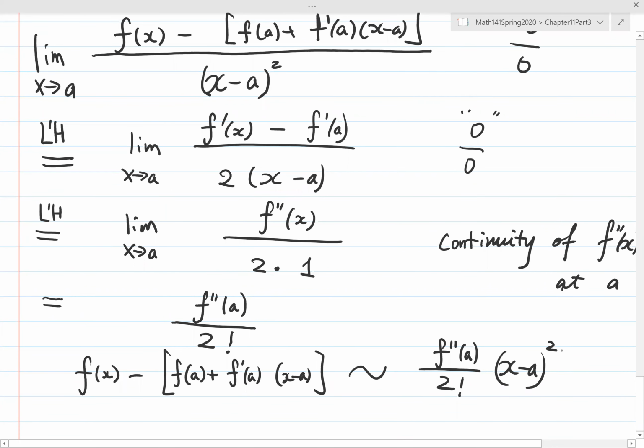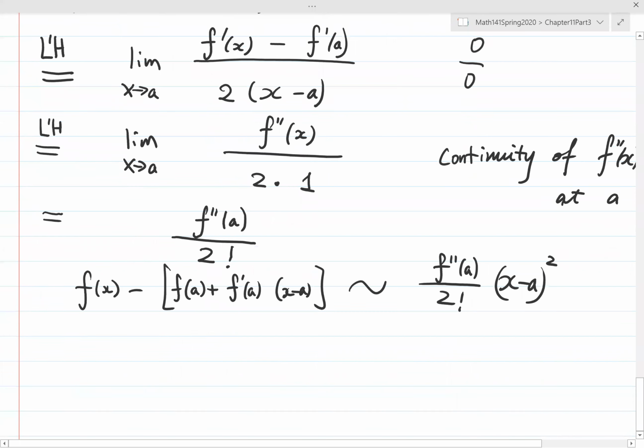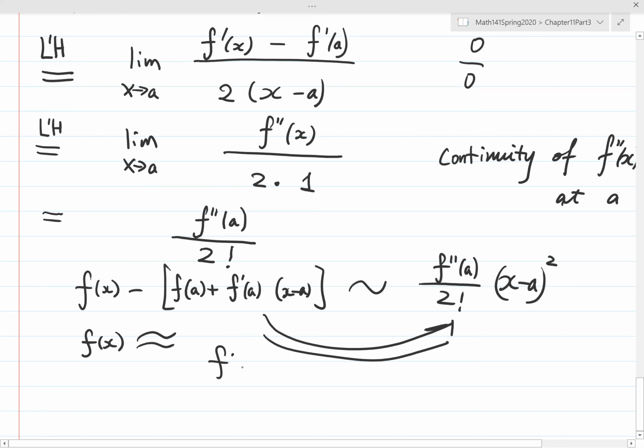If you move terms, you see, you move the linear approximation to the other side, then you get f(x) is around f(a) plus f'(a) multiplied by (x minus a) plus f''(a) over 2 factorial times (x minus a) squared.